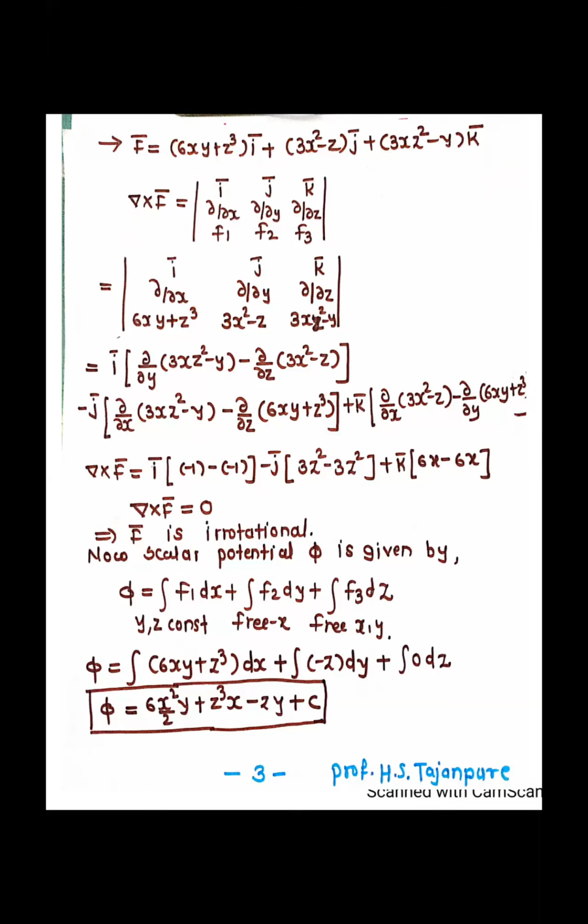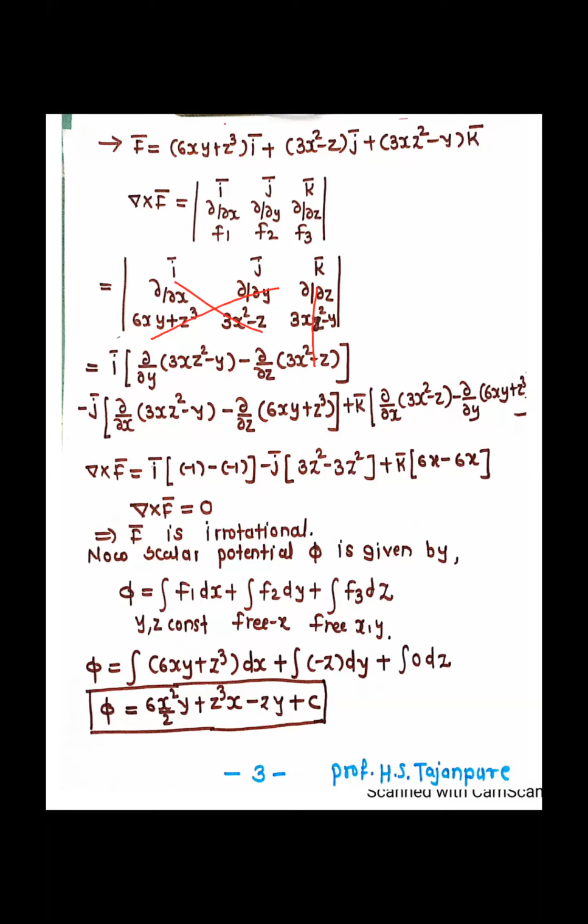Now evaluate the determinant. See this i bar, skip this part, del by del y of this minus del by del z of this. Then minus j bar, then del by del x of this minus del by del z of this. Plus k bar, del by del x of this minus del by del y of this.